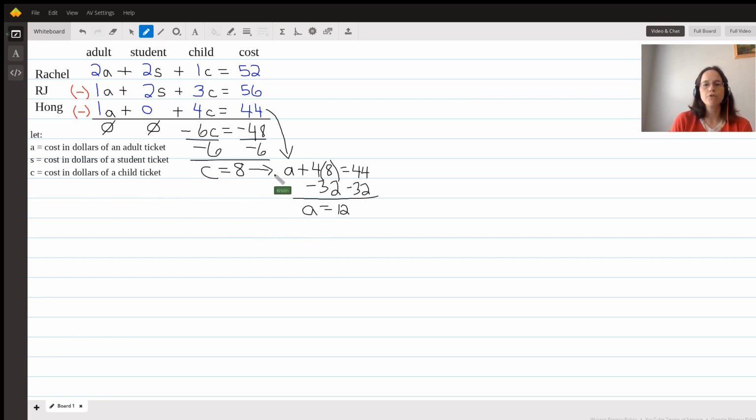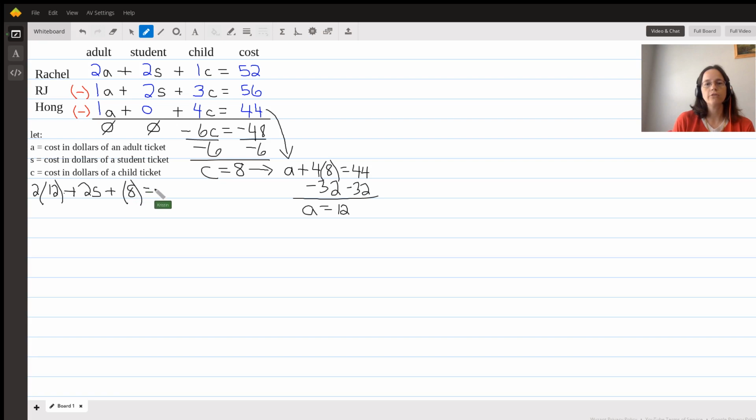If I take both of those and plug it into the original, honestly, it doesn't matter. I could do the second one, but I just chose to do the first one. Then I get that 2A, which we just solved and found out that A is 12, plus 2S, because we don't know what S is yet, plus 1C, which is just 8.